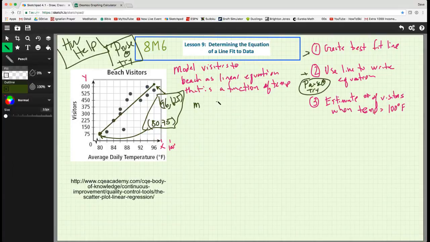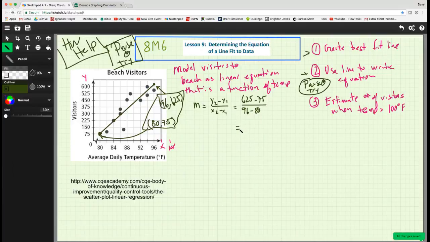Okay, so now I assume you're back. And so M is equal to y2 minus y1 over x2 minus x1. And that's going to be 625 minus 75 over 96 minus 80.